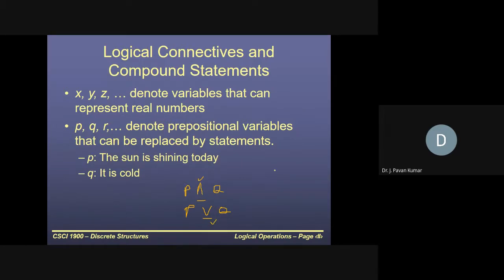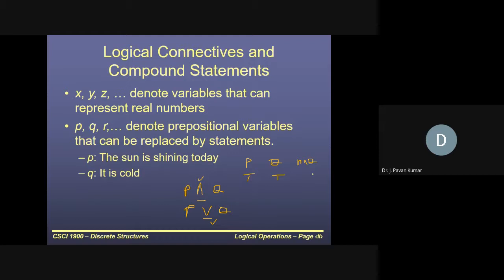As you know, you might have learnt this in 10th standard itself, what is the truth table for conjunction, P and Q? If both are true, then only this conjunction is true, that is P and Q is true.